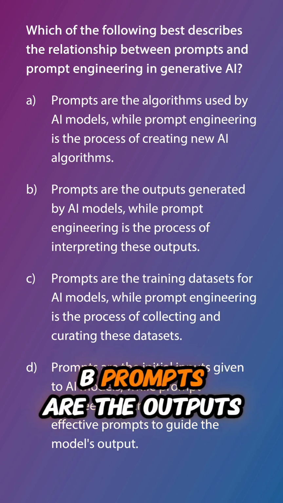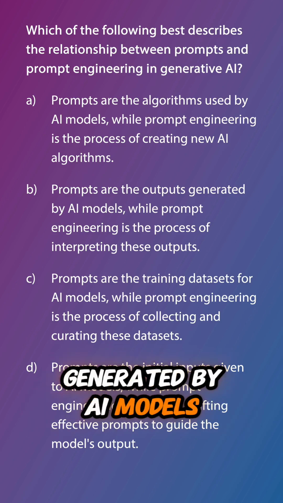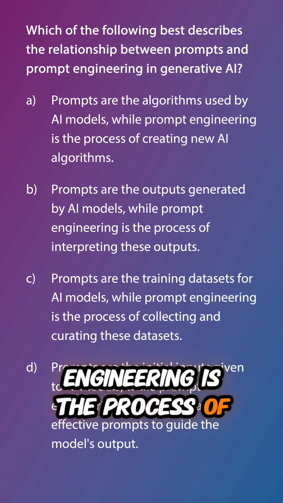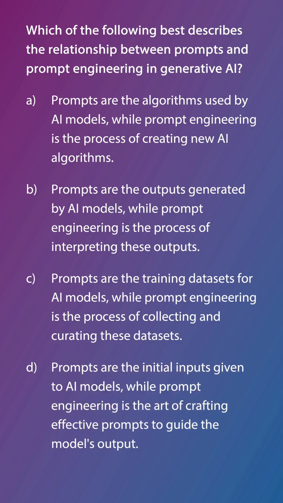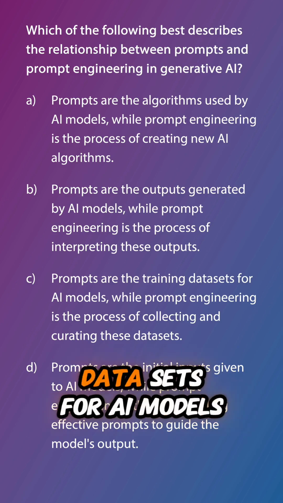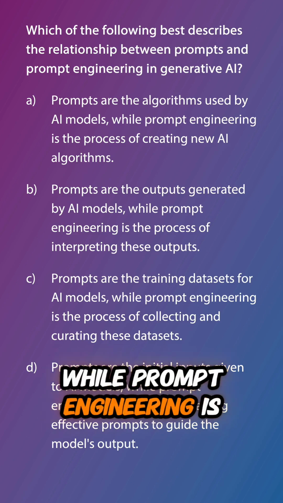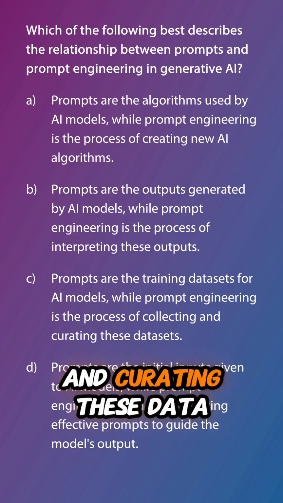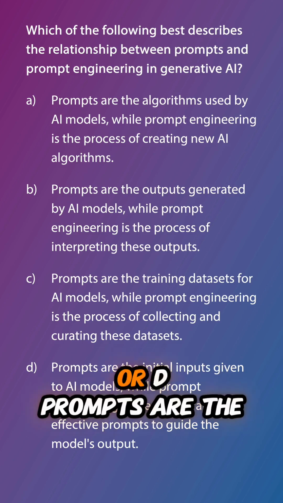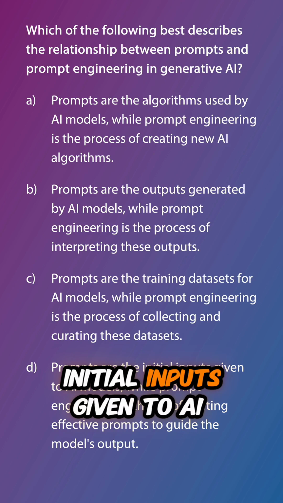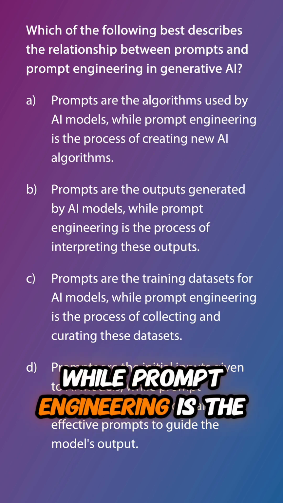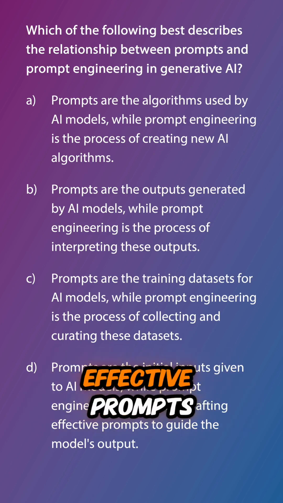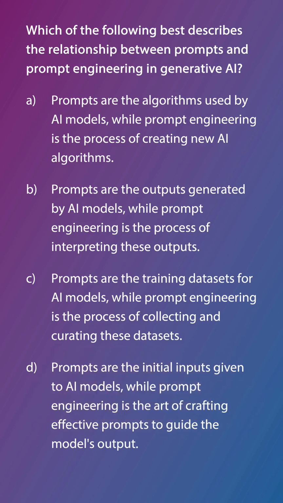B, prompts are the outputs generated by AI models, while prompt engineering is the process of interpreting these outputs. C, prompts are the training datasets for AI models, while prompt engineering is the process of collecting and curating these datasets. Or D, prompts are the initial inputs given to AI models, while prompt engineering is the art of crafting effective prompts to guide the model's output.